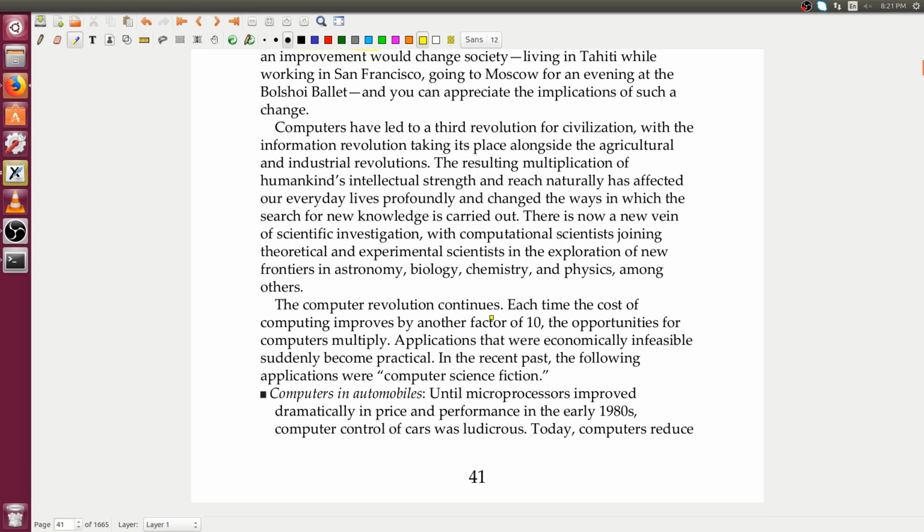The computer revolution continues. Each time, the cost of computing improves by another factor of 10. The opportunities for computers multiply. Applications that were economically infeasible suddenly become more practical. Machine learning is a very interesting one to consider here. A lot of people don't know this, but machine learning came into existence, I think, in the 40s or 50s, right? 1940, 1950.